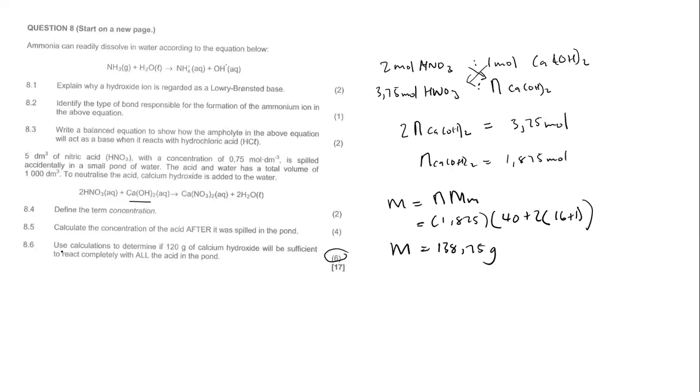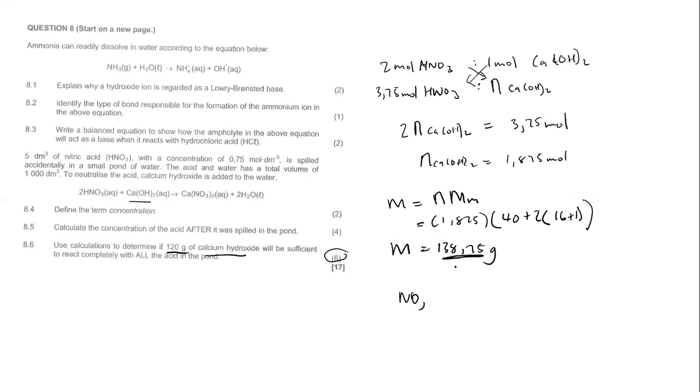So the question was to determine if 120 grams of calcium hydroxide will be sufficient to react completely with all the acid in the pond. No, it won't be sufficient, because apparently we need 138.75 grams and here we have 120. 120 is very much less. We need a higher mass compared to what we have.